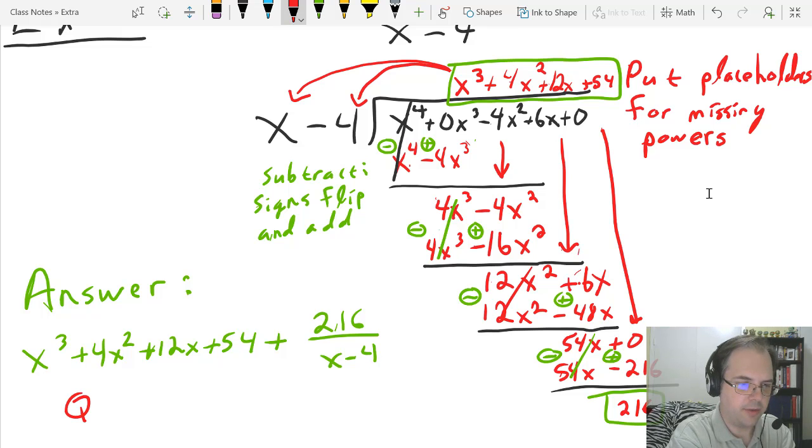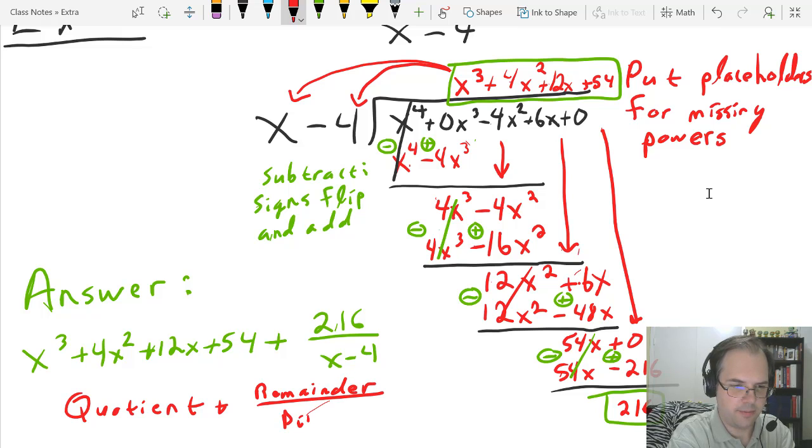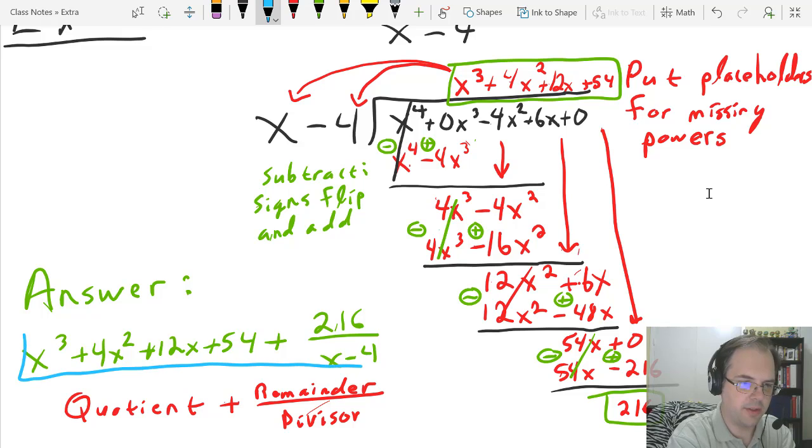And so this is how we generally write our answers for long division. We write the quotient plus the remainder over the divisor. All right, and so that would be our answer in this situation.